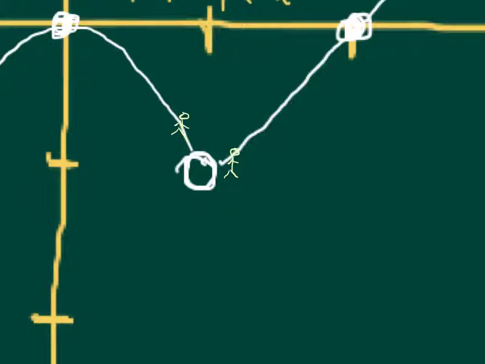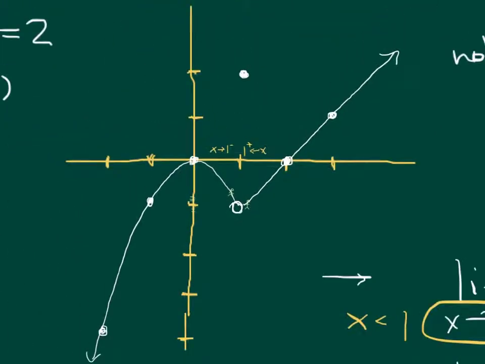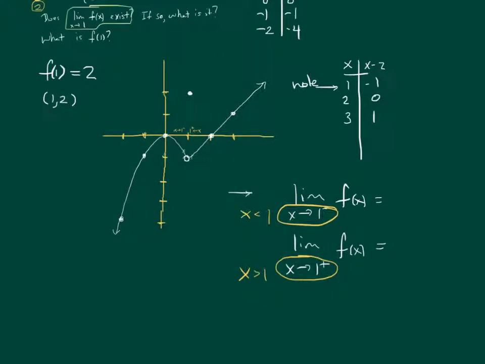All they care about is that over here on the y-axis we're approaching negative 1 in both directions. Alright, maybe that's overkill. But the point is, from the graph, we can figure out that the first one is negative 1, and the second one is also negative 1.